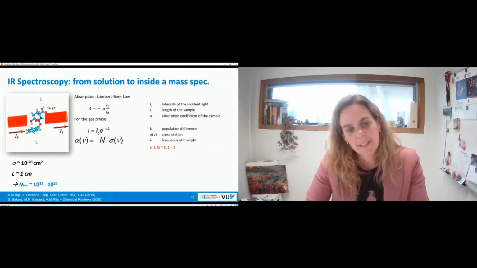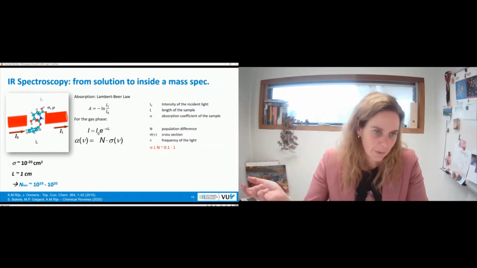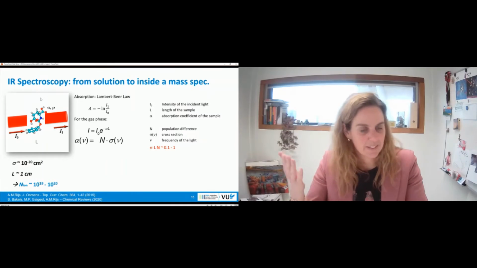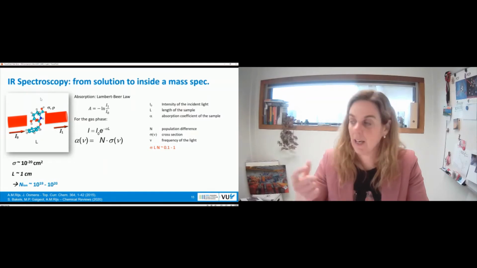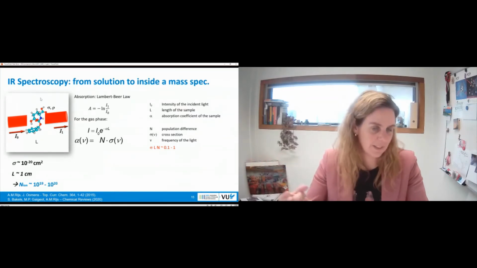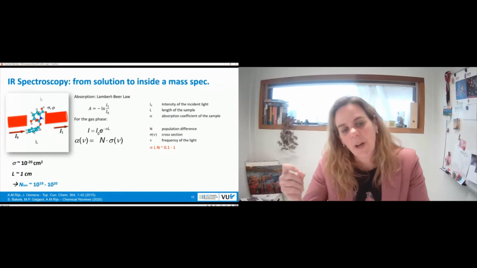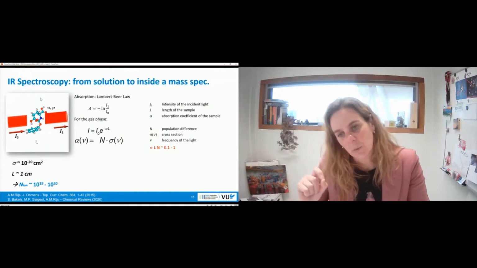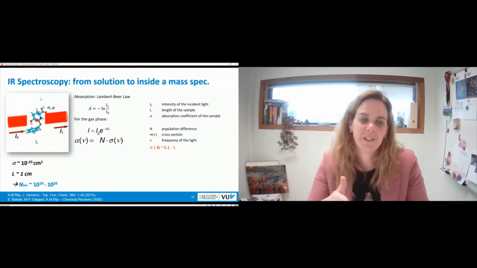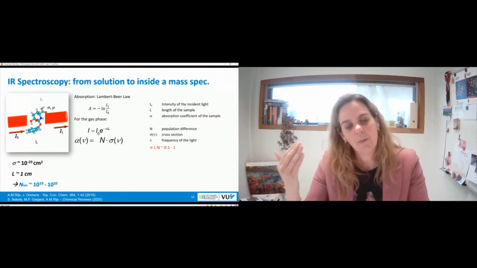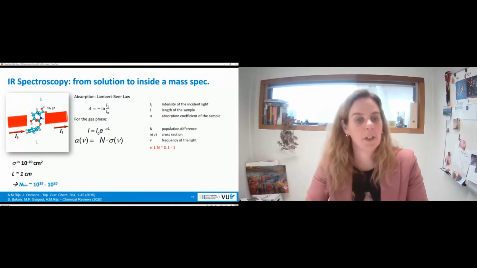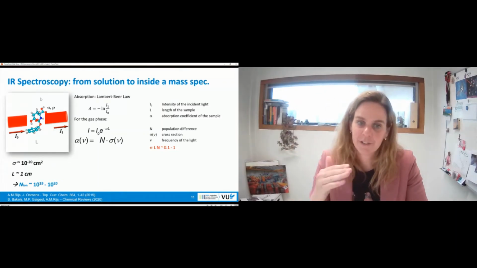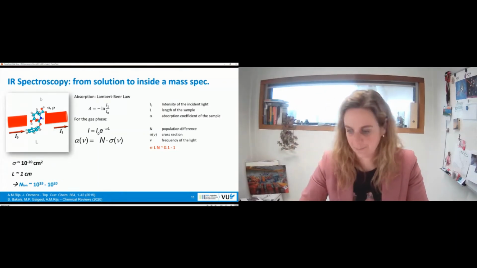Typically, say we have an absorption cross-section; for this molecule, tryptophan, it's 10 to the minus 20 square centimeters. Say the length of interaction is 1 centimeter. Then you need to have 10 to the 19 to 10 to the 20. So if you just take this red equation, we need about this amount of ions in our mass spectrometer to be able to measure a decent absorption.